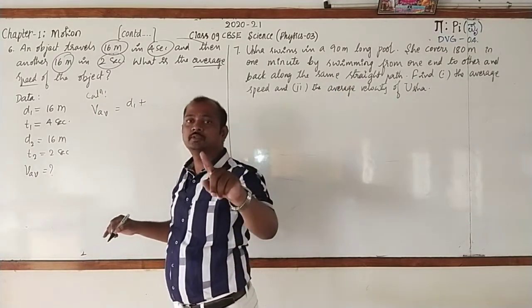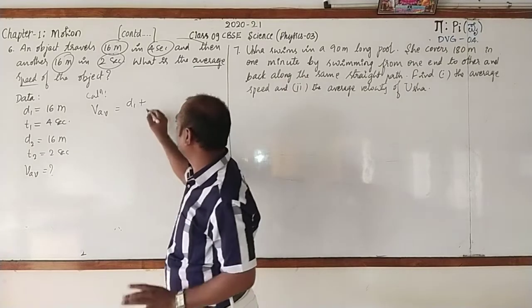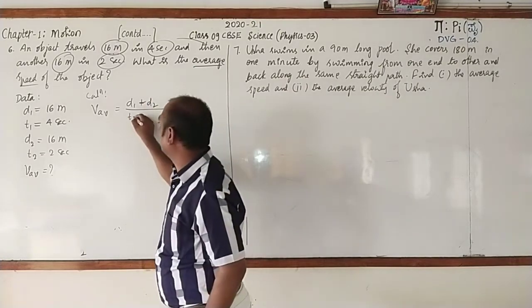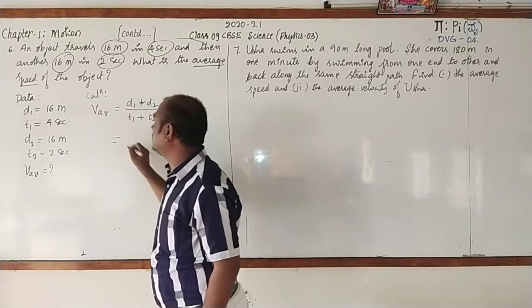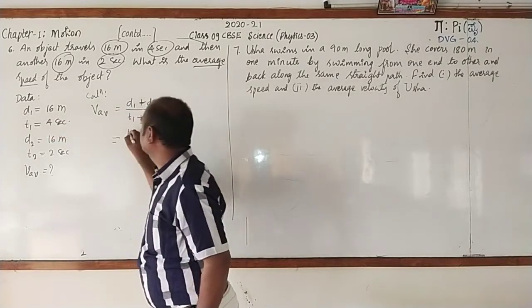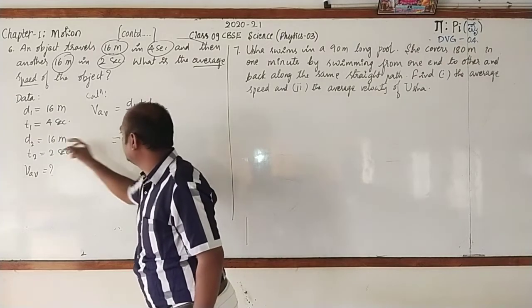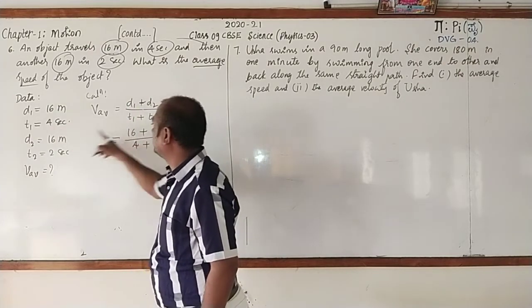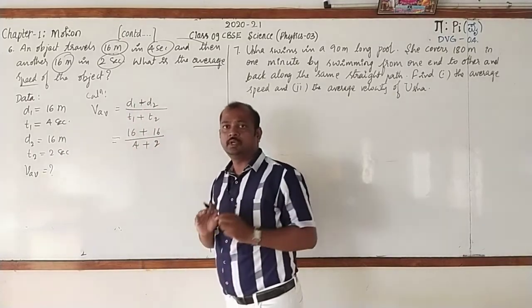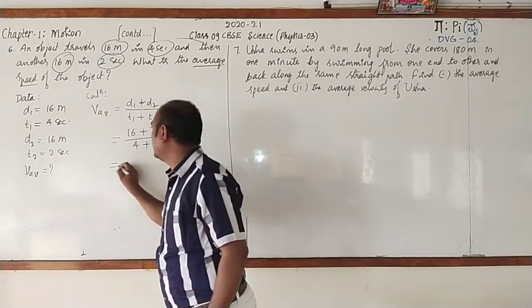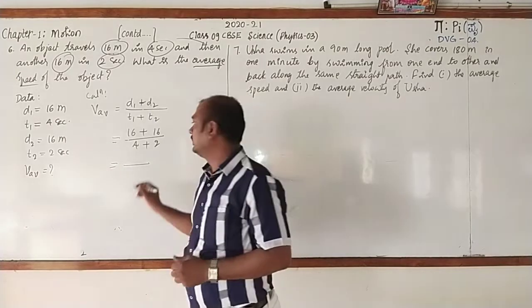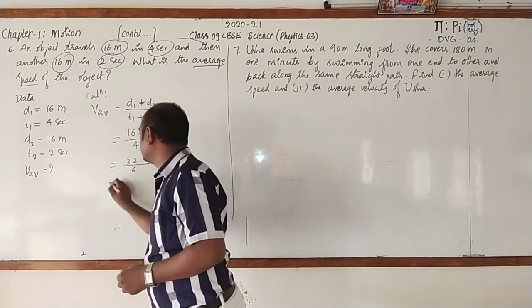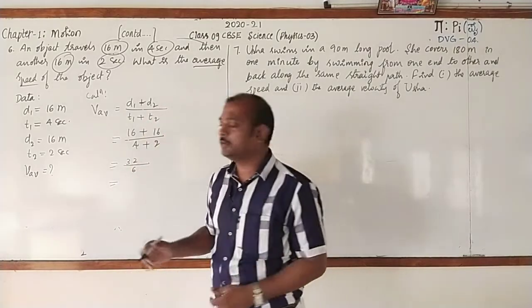No. Then how much? Only D1 and D2. So D1 plus D2 divided by T1 plus T2, which is equal to, what is D1? 16 plus D2, it is 16, divided by T1, it is 4, T2, it is 2. Clear? Then add 16 plus 16, it is 32. 4 plus 2, it is 6. 32 by 6, you can divide.